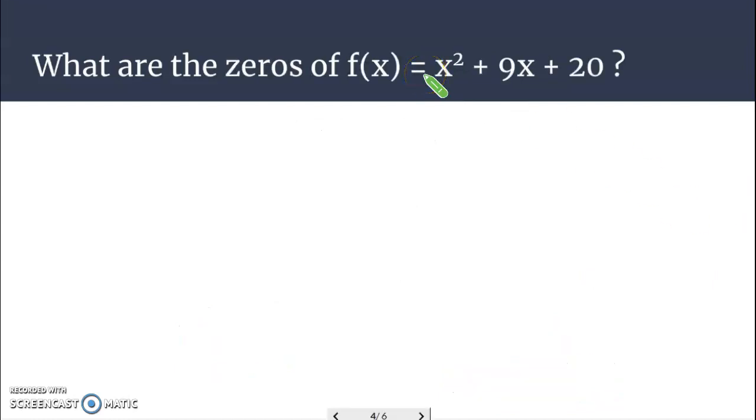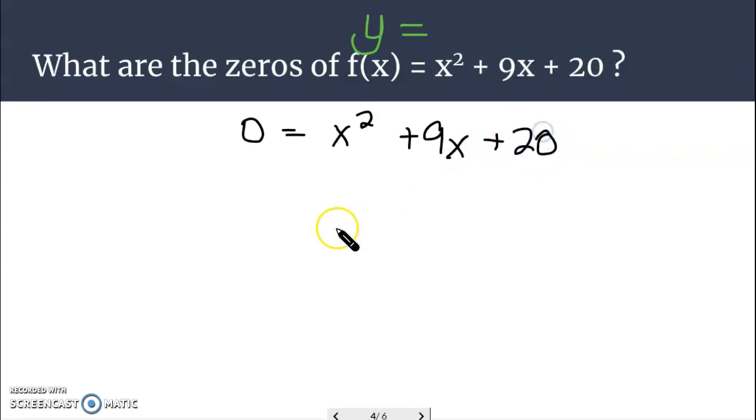Alright, and again, what are the zeros of f of x equals x squared plus 9x plus 20? Think of that f of x as y if you want, and you certainly could graph on an xy plane and use Desmos to do that. But what we're going to do is just simply put a 0 in for the f of x quantity, and then we have x squared plus 9x plus 20. Writing this in factored form, we ask ourselves, what factors of 20 add up to 9?